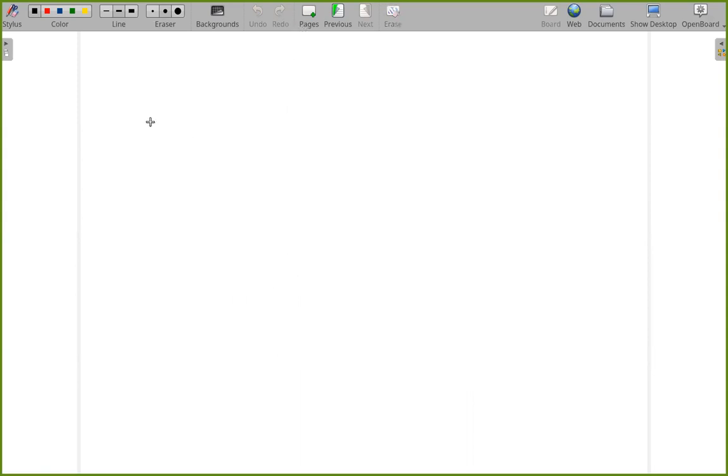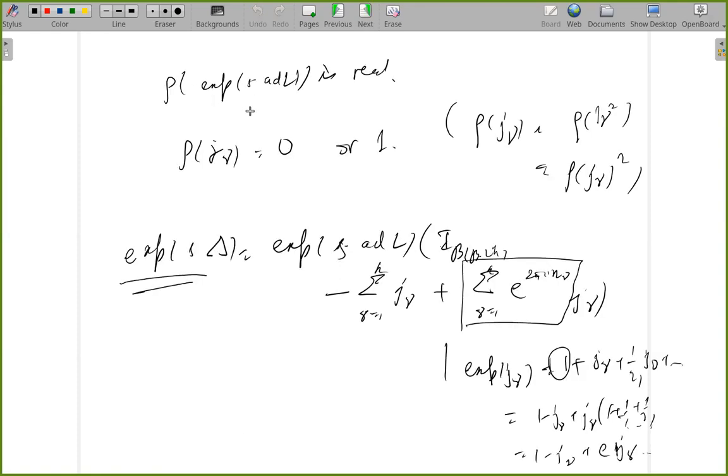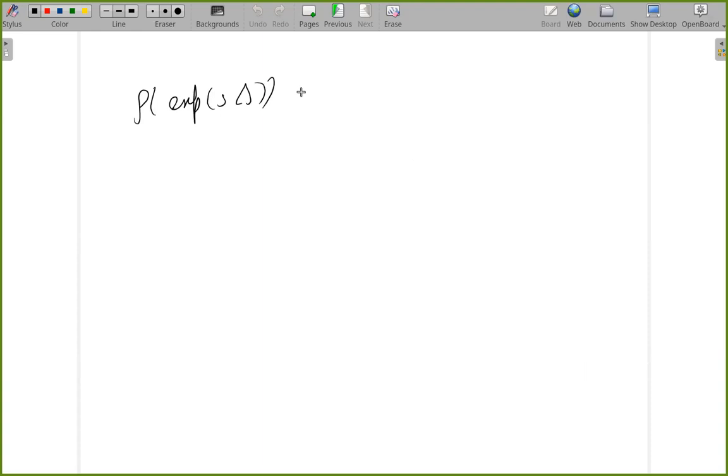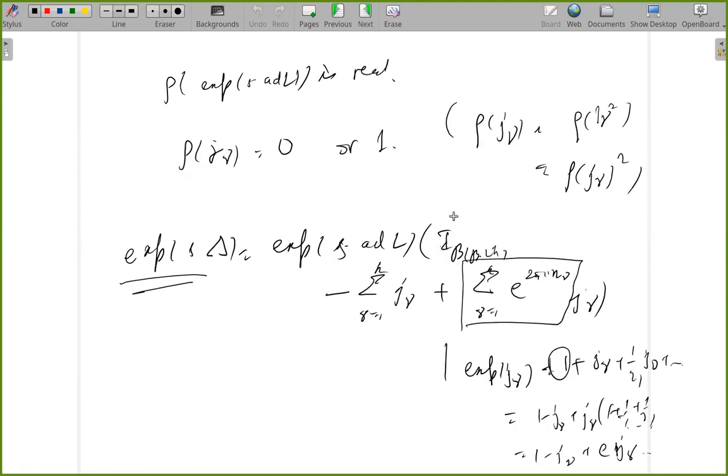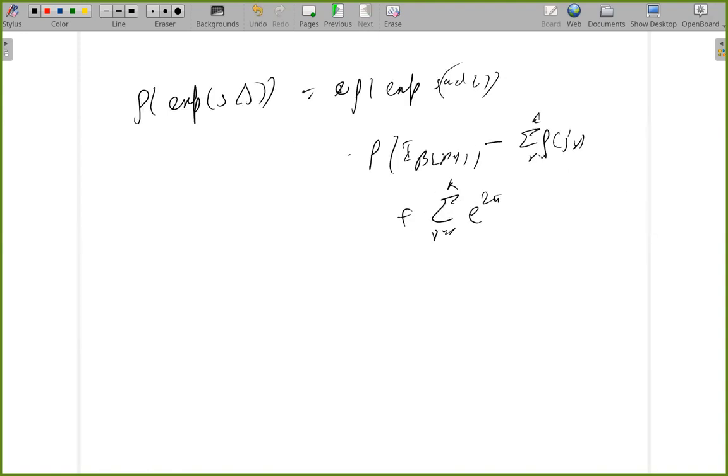So writing it out, what we have noticed is rho of exp of S lambda is equal to rho of exp of S add L times rho of whatever quantity we have here, which is I of B of H minus the summation of rho of J nu from 1 to k, plus the summation over nu equals 1 to k of e to the 2 pi i n nu, sorry, this n nu is the integer, and then rho of J nu here.